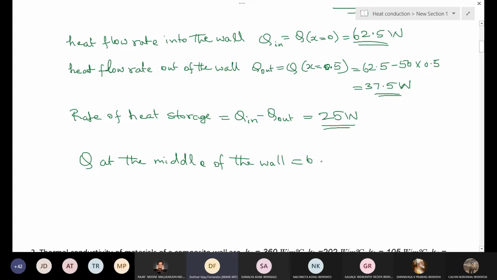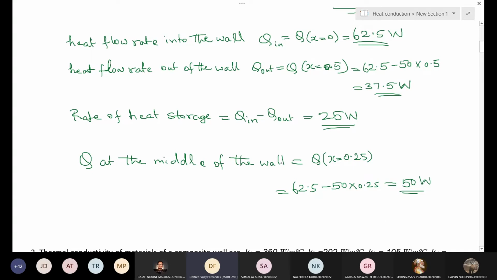We have 62.5. This is Q at x equal to 0.25. You have 62.5 minus 50 into 0.25. And that is 50 watts.